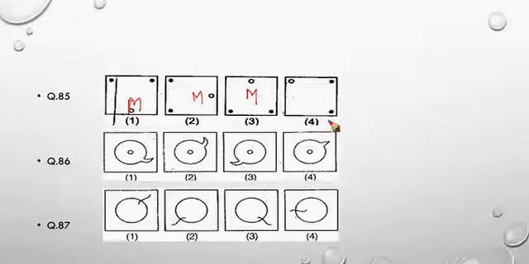But in case of option 4, there are 2 black dots on one side, but the circle is not in the middle. It should have been here in the middle, but it is on the side. So option 4 is standing out as a different figure, the odd man out figure. Question number 85, the answer is 4.